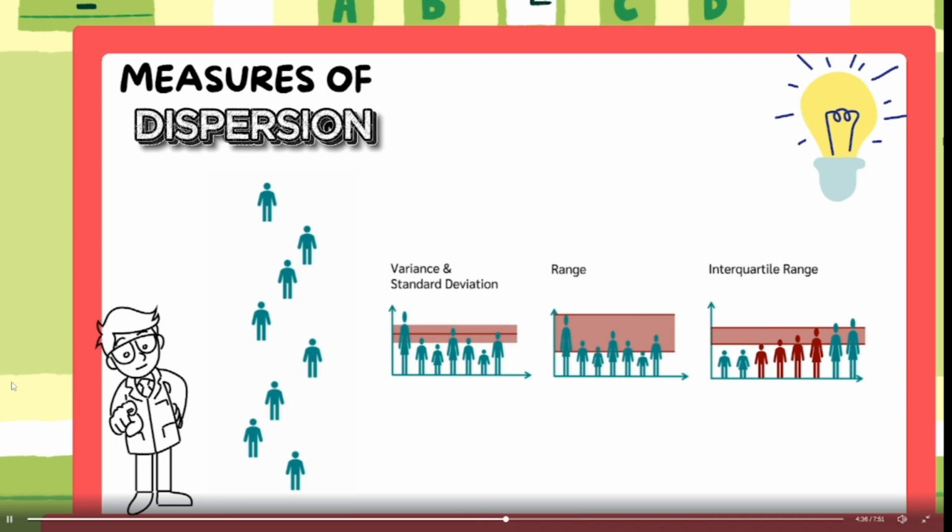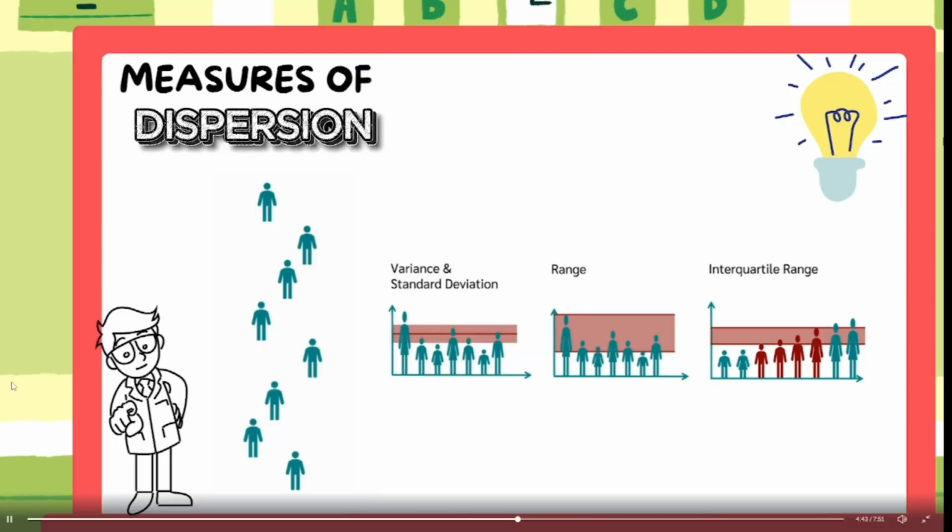The range is the simplest measure, calculated as the difference between the maximum and minimum values. However, its major drawback is its high sensitivity to outliers, as it only uses the two most extreme values.